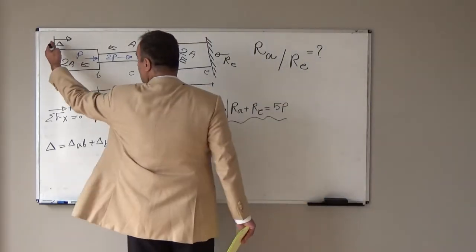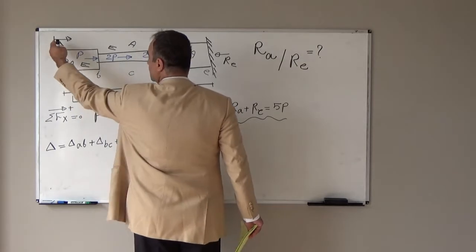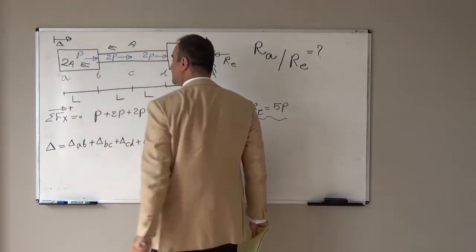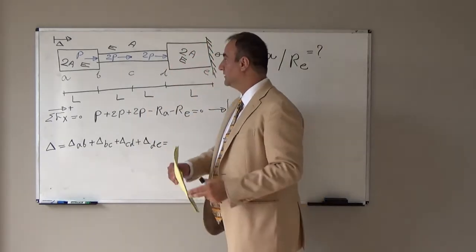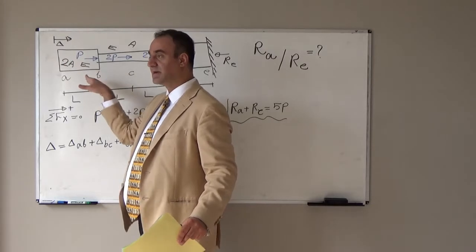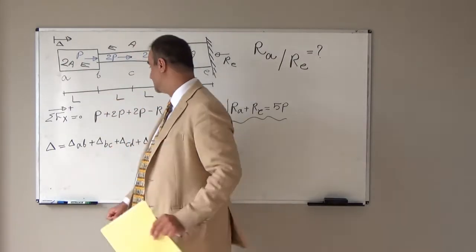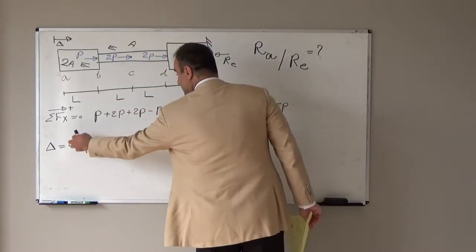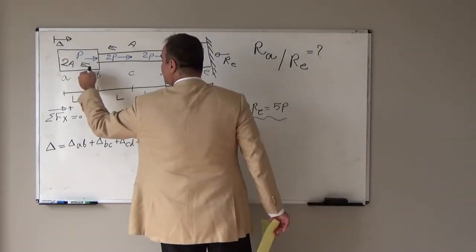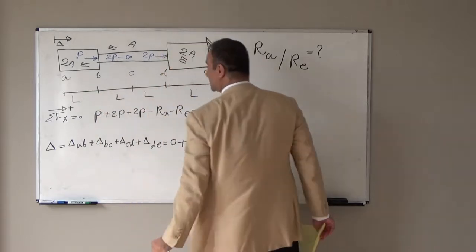From A, I am moving from left to right. From A to B, what is the internal force in this segment, AB segment? This is a free end. From A to B, any section, if I cut it, internal force is 0. So, delta AB is 0 because there is no effective force in this region.